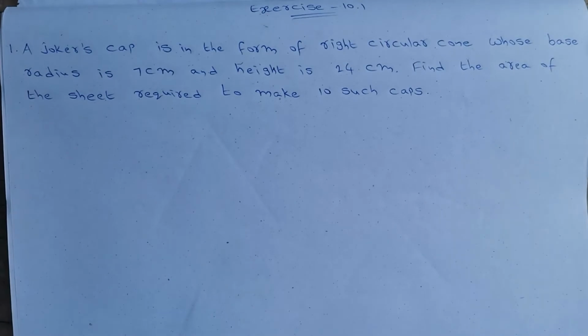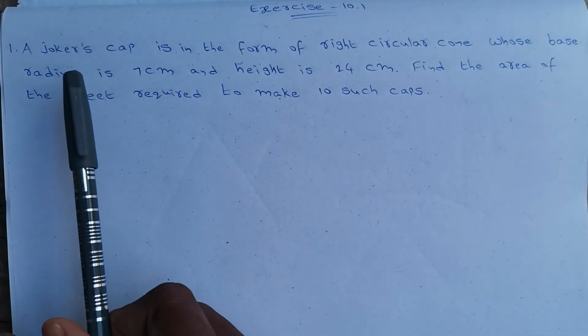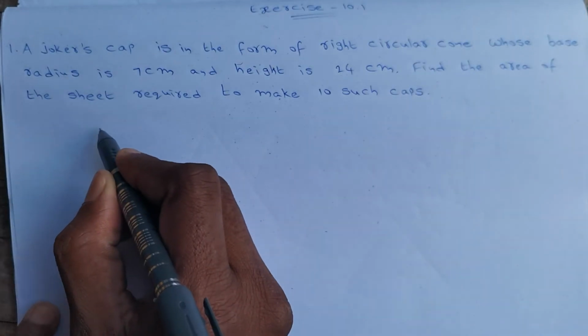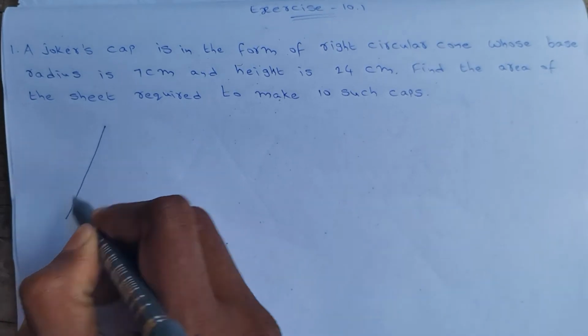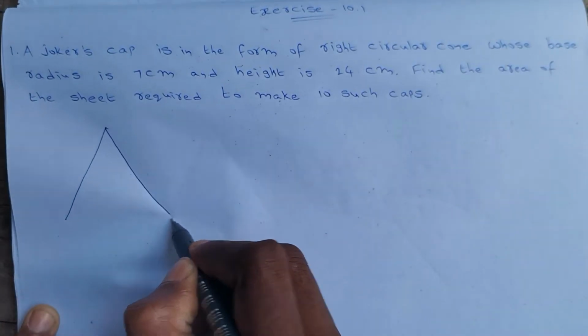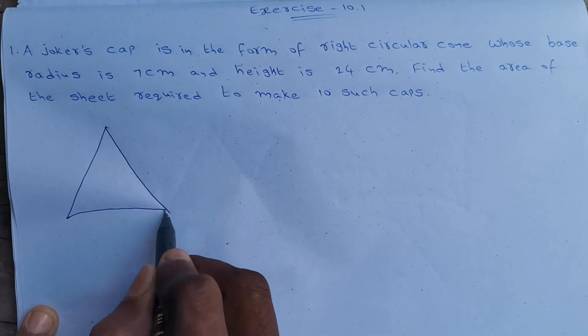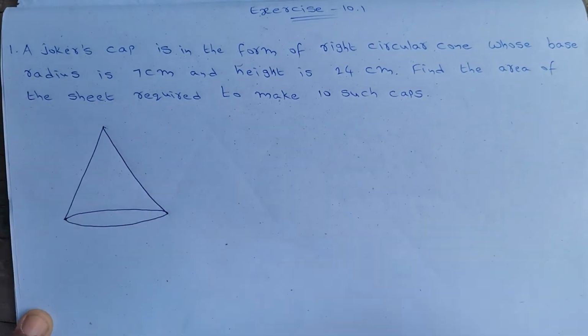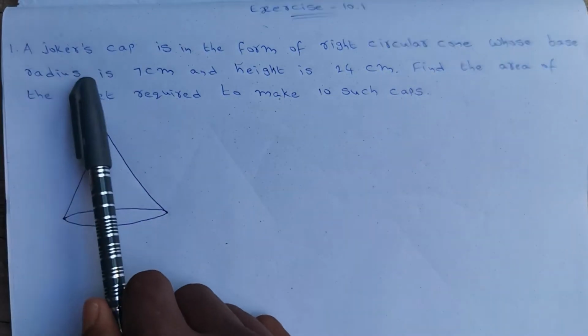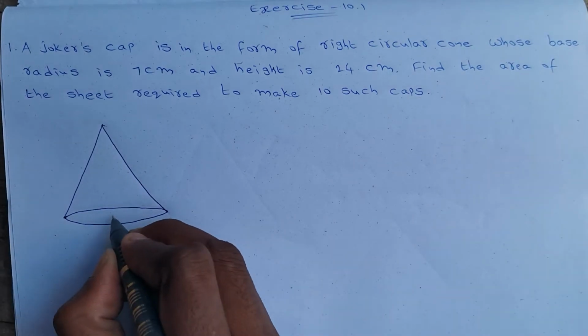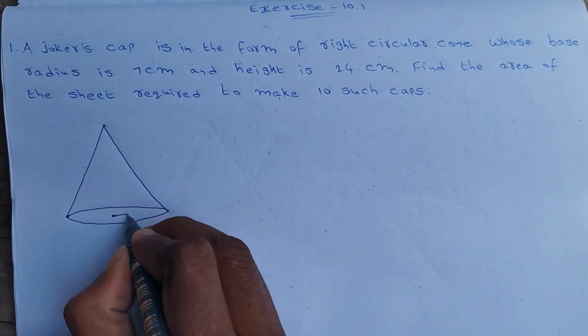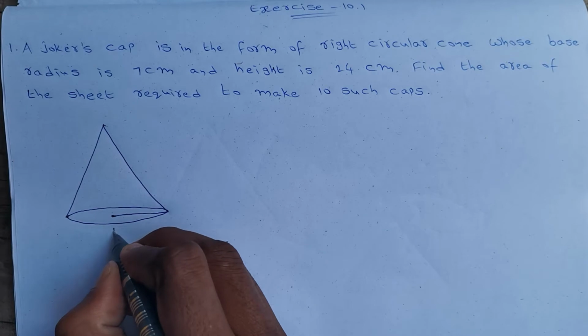Okay, now let's come back. So he gave a joker cap, I'm drawing that cap, whose base radius is 7 centimeters. From the center till here, this measurement is given as 7 centimeters.